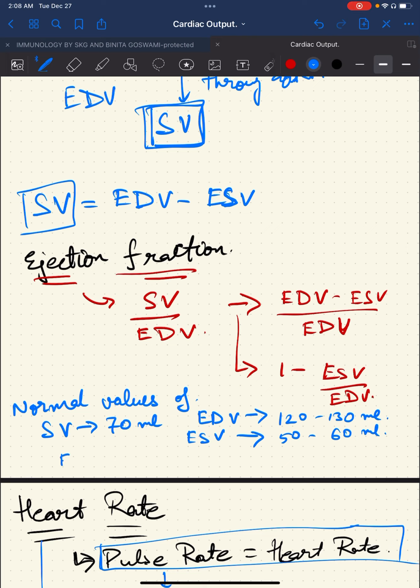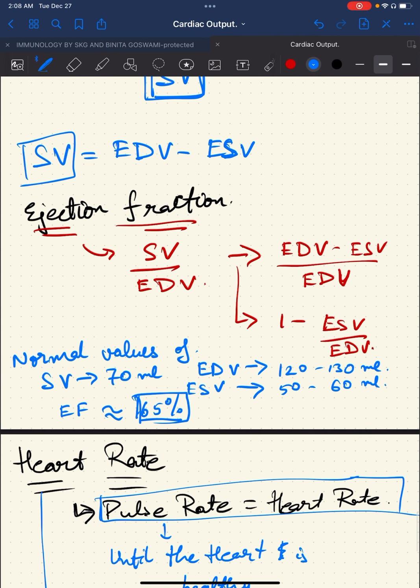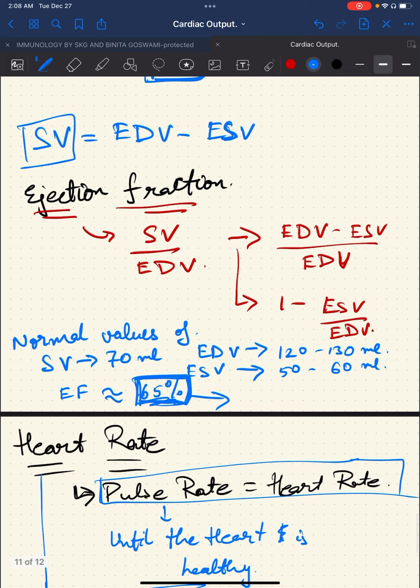So ejection fraction, the normal value ranges around 65%. Okay. If ejection fraction is lower than this, this means the patient is suffering from either stenosis of the valve or regurgitation.